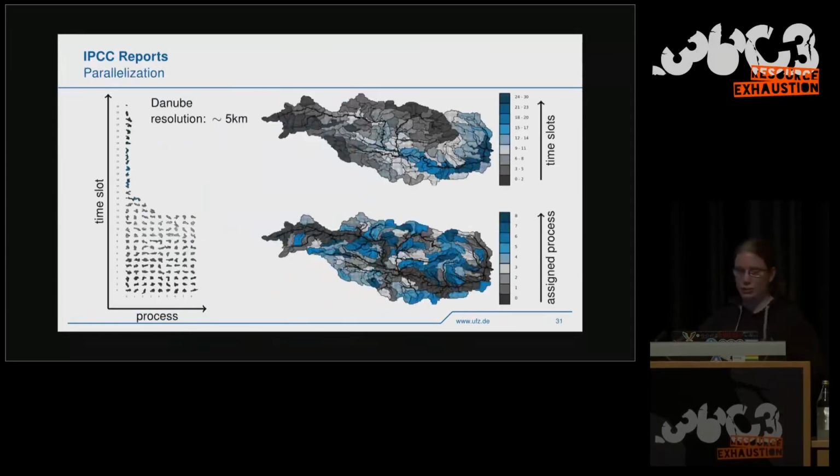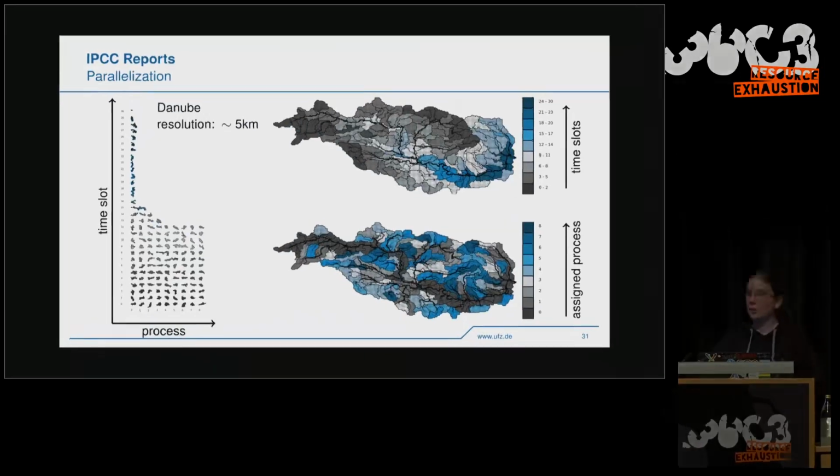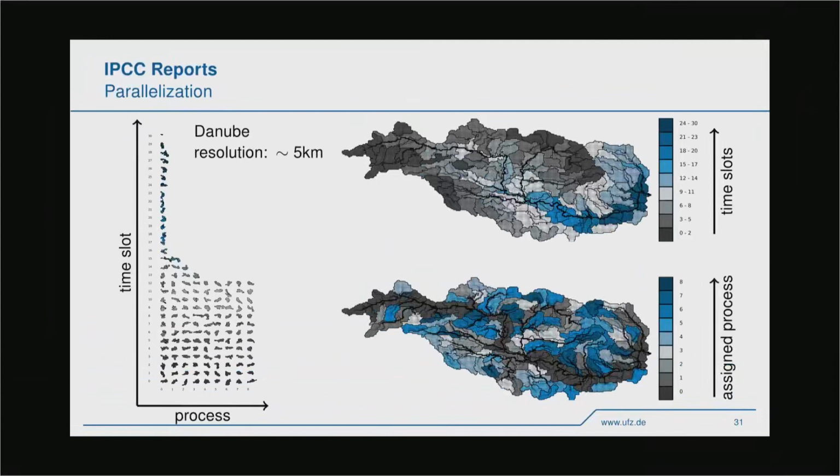I actually do, so I show you the Danube, which you probably know better with the name Donau, at a resolution of 5 kilometers. And I basically cut down the Danube into sub-river domains.